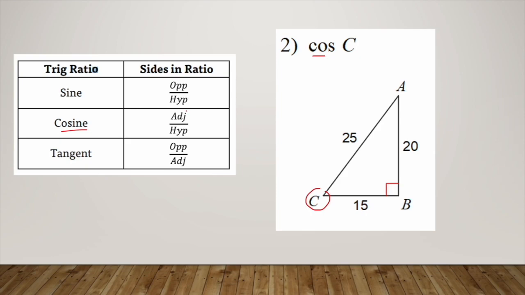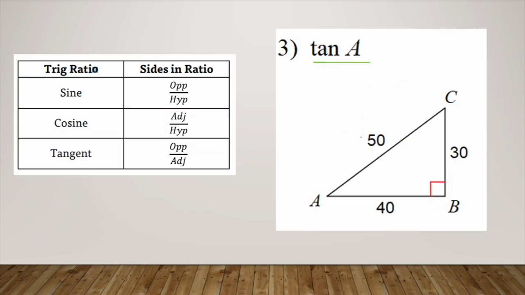Cosine is the adjacent over the hypotenuse. So adjacent to C, next to C, could be 15 or 25, but remember 25 is the hypotenuse. So adjacent to angle C is going to be 15. Meaning the cosine of C, the adjacent over the hypotenuse, is 15 over 25, which simplifies to 3 over 5.